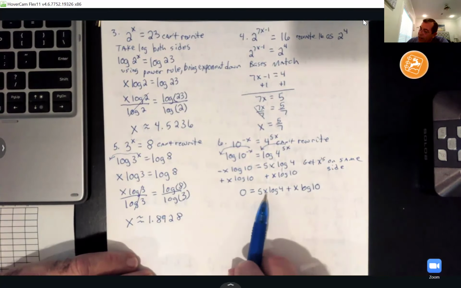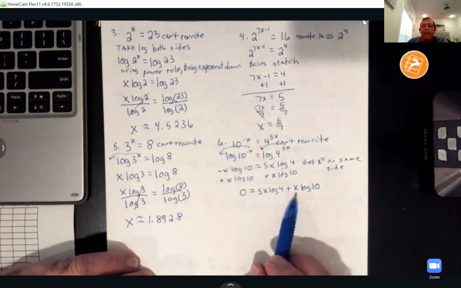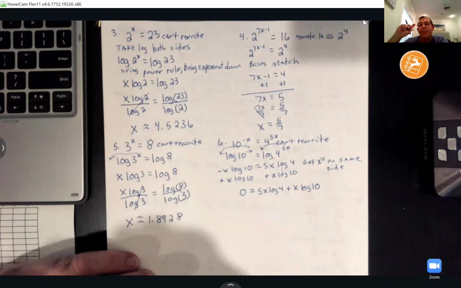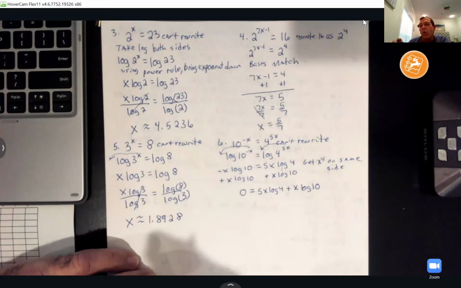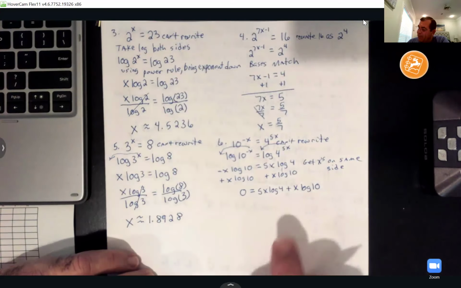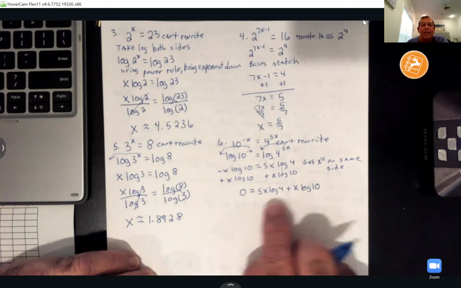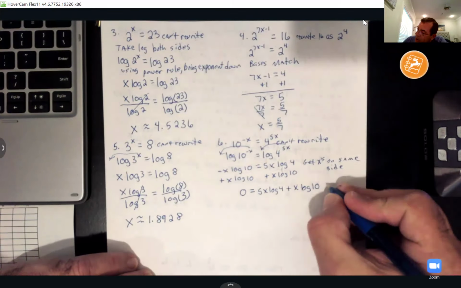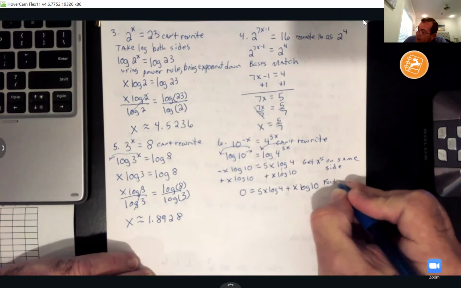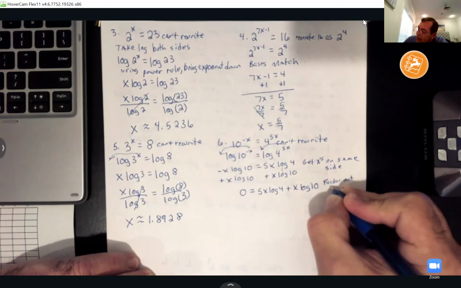So I wonder, how can I get these x's to be just a single x? It's sort of like when we were factoring before. What do they both got in common? They both have an x in common. So at this point, factor out the x.